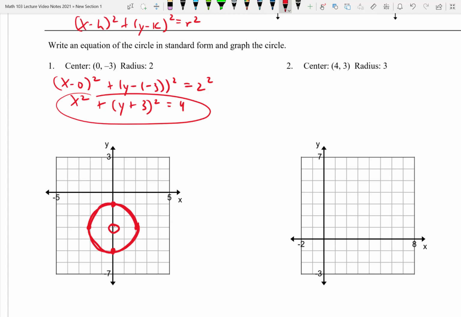Number 2, the center's at (4, 3), radius of 3. So the equation is going to be (x minus 4) squared plus (y minus 3) squared equals 3 squared. And of course we can square the 3 to get 9.